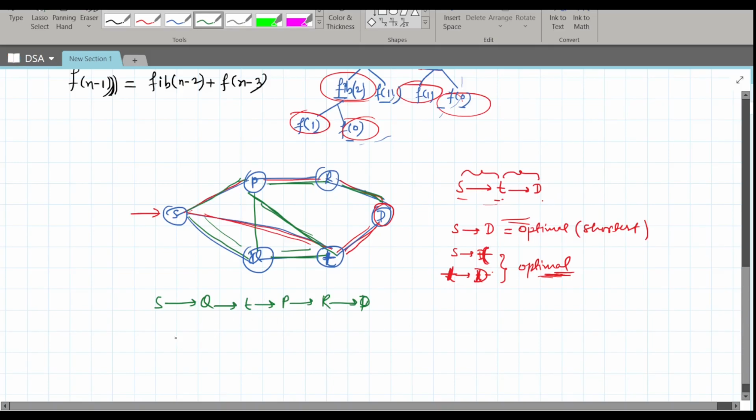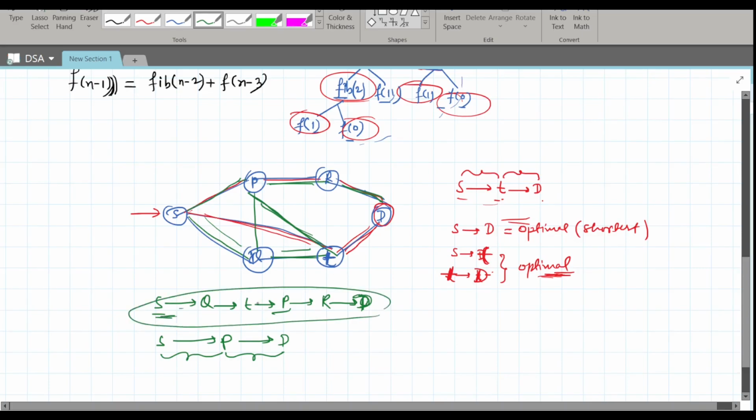But let's say we divide this problem into two parts: we reach from S to P, then P to D. It is not certain that S to P will also be the longest path and P to D will also be the longest path. Here we have used S to P in the longest path solution, and S to P is 3 edges.